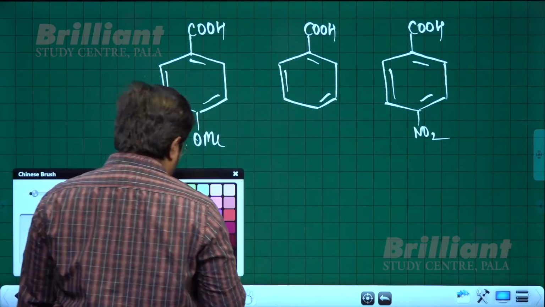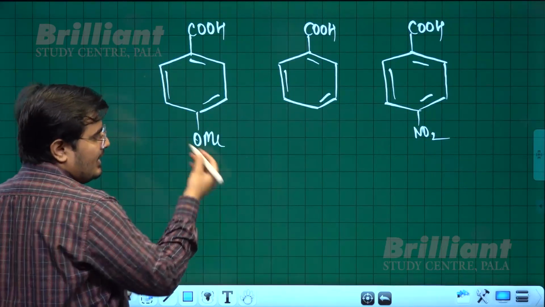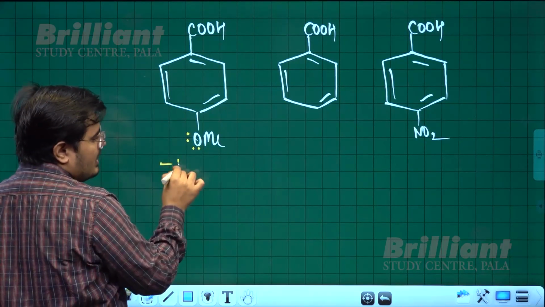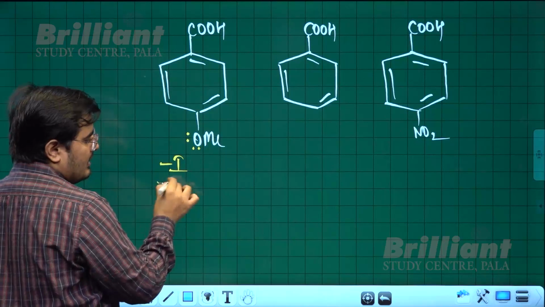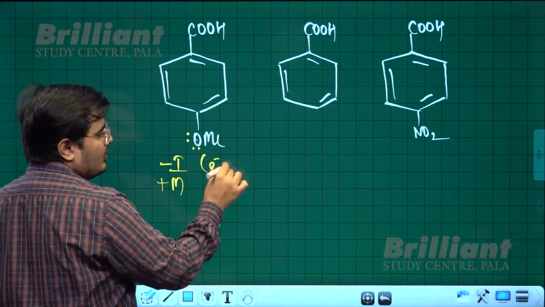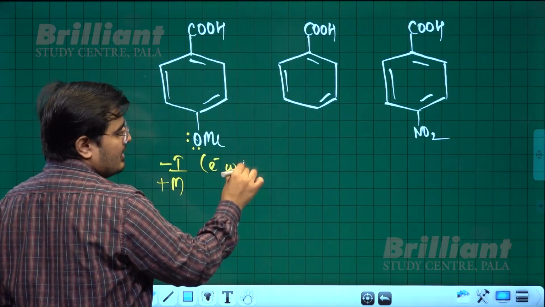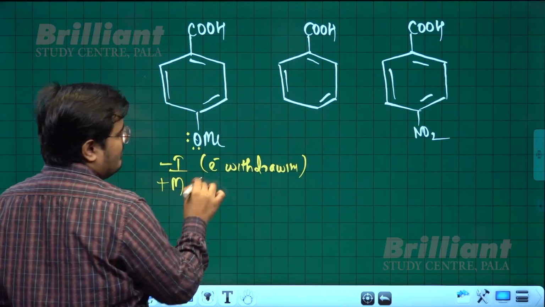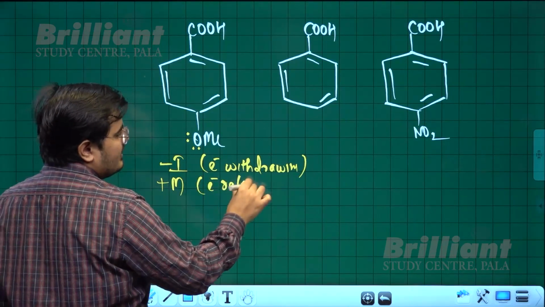So if I compare the electronic effects these groups can show, OMe can show a minus I effect and a plus M effect. Minus I is electron withdrawing, and plus M is electron releasing.